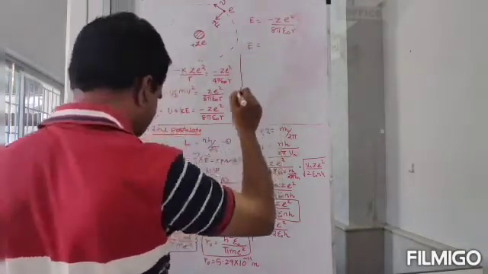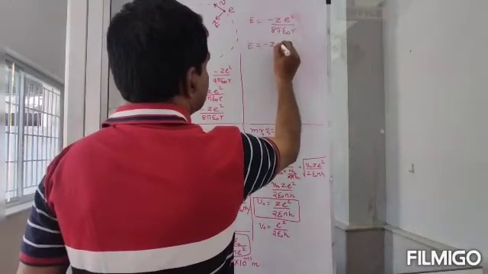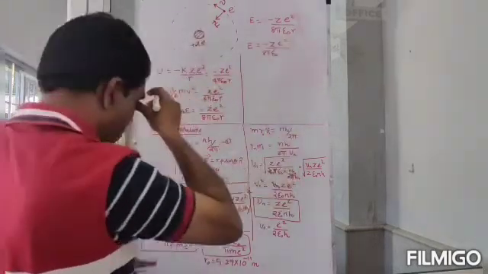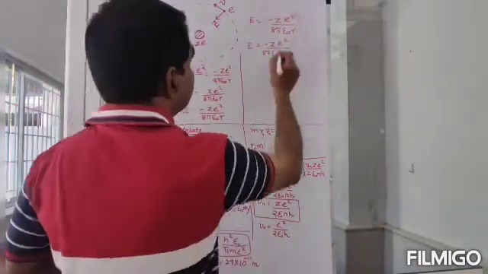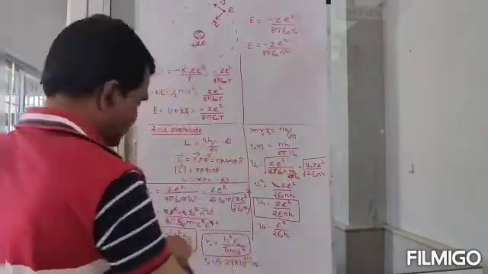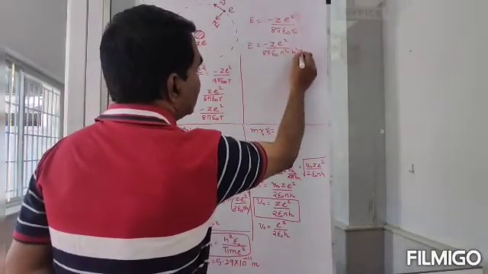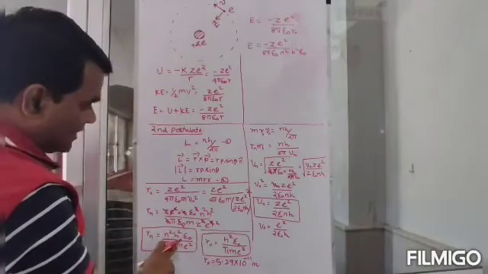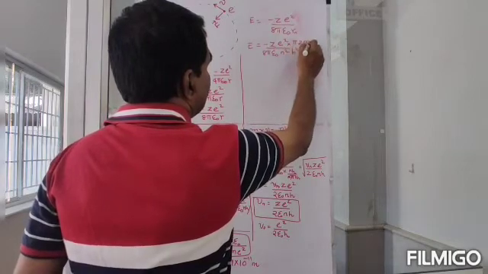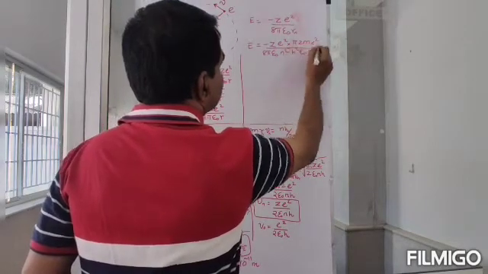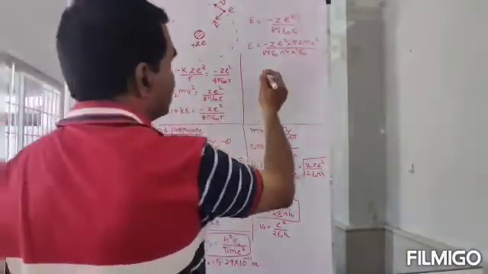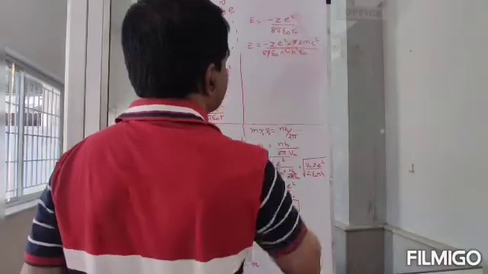E is going to be equal to minus Z e squared by 8 pi epsilon naught into, for R, I'm going to have Rn, so n squared h squared epsilon naught divided by pi Z m e squared, and take it up. That will be pi Z m e squared. So this pi and pi will be gone.